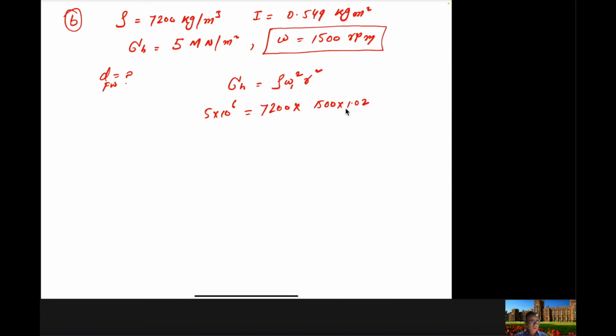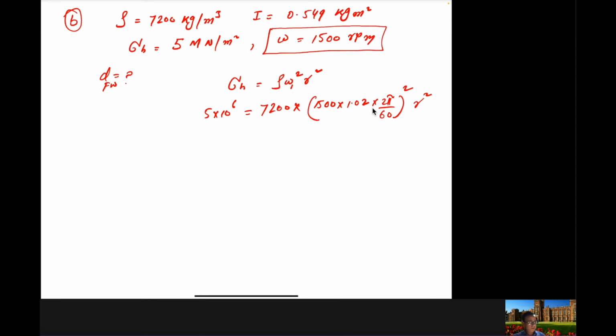So if you want to calculate omega 1, you will just multiply this 1500 by 1.02, and obviously you will need to convert this into radian per second. So you will multiply this with 2 pi, and then you will divide this by 60. So this is in radian per second, and obviously this is squared, and r squared.